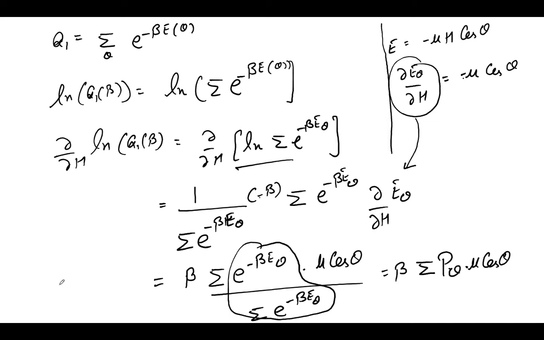This is d by dH of log of q1(beta). If I move this beta to the left hand side, this becomes 1 over beta d by dH of log of q1(beta), which is equal to the summation of p(theta) into mu cos theta.